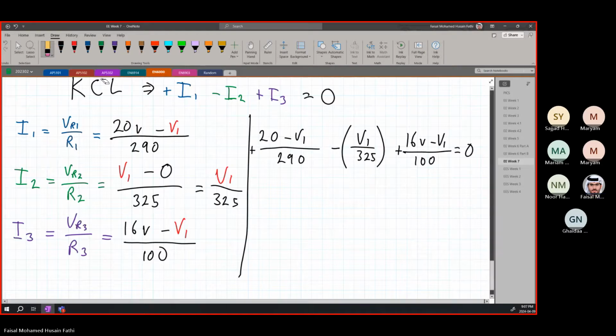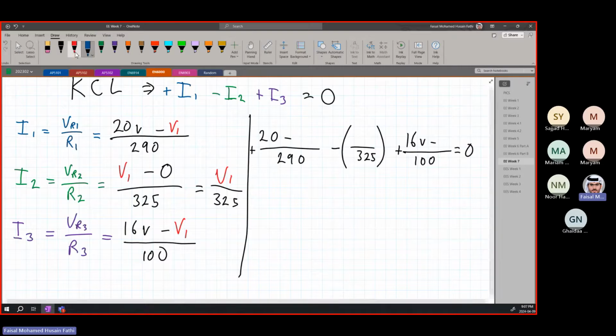We just used our KCL to apply the nodal law, the node analysis. This is V1, V1, and V1. All right. So now all we have is V1.